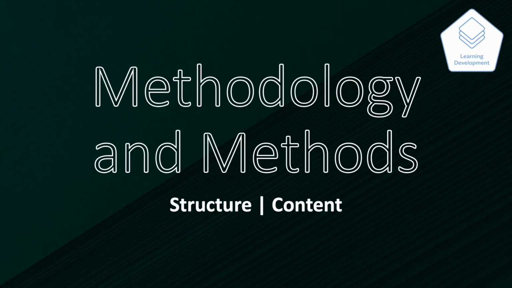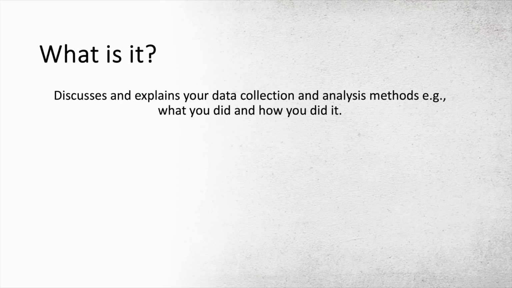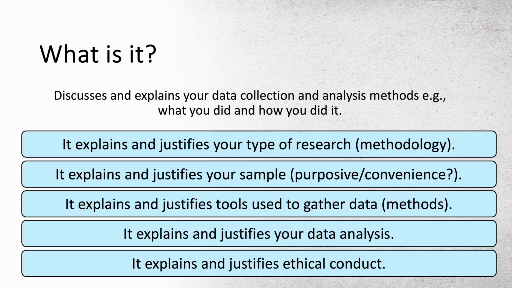Methodology and methods: structure and content. A methodology discusses and explains your data collection and analysis methods, what you did and how you did it. It explains and justifies your type of research. That will be your research methodology.